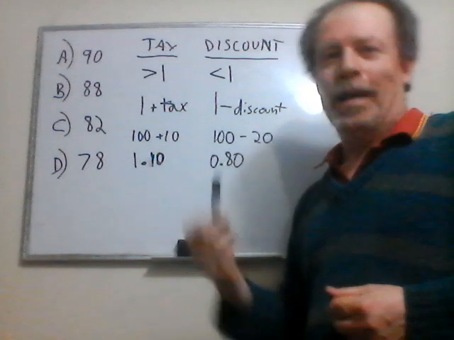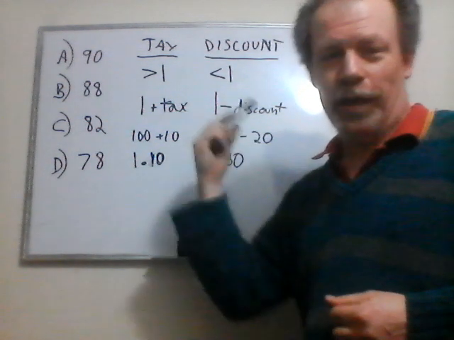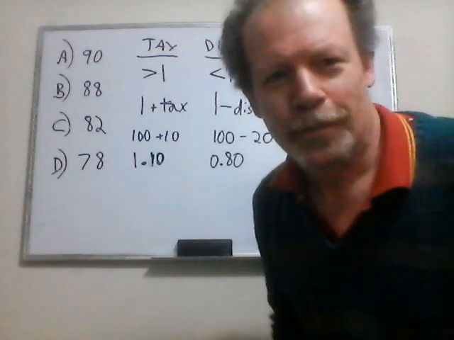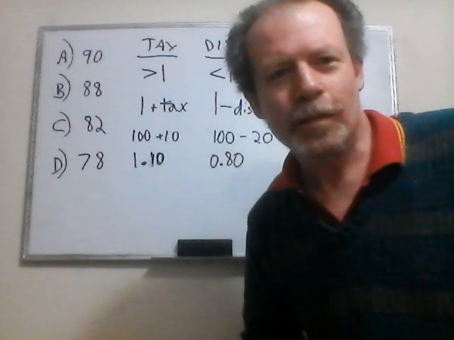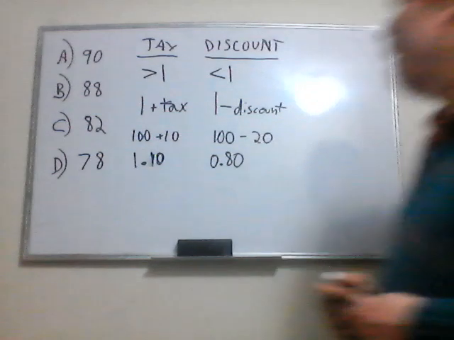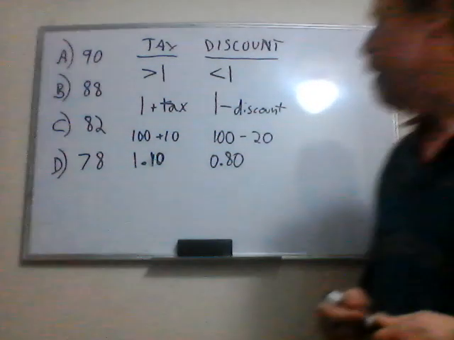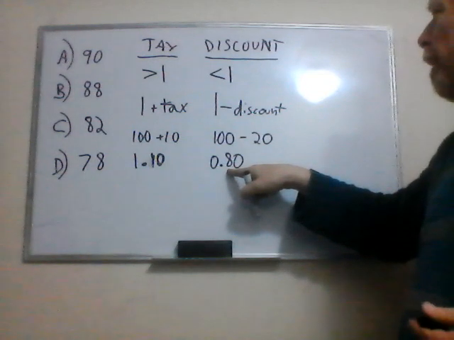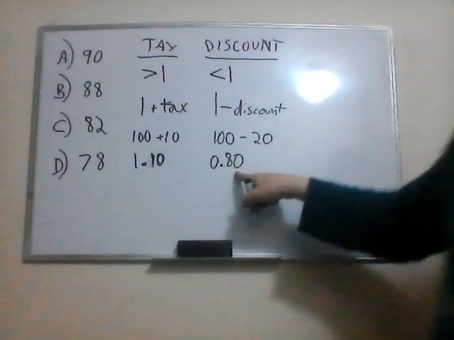As I said, that's the advantage, or one of the advantages of thinking of this as multiplication. I know I'm repeating myself. You know who else repeats themselves? Students who get this wrong. So if you take the 100 and you multiply it by 1.10, and then you multiply it again by 0.80, you should get this number.